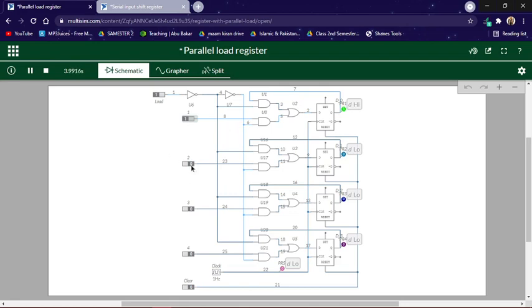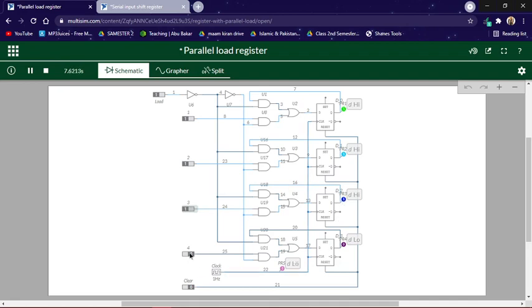Now if the second input is 1, then after a clock rotation, when the clock is low and becomes high, our second output is again 1. If we put the third input as 1, then after the clock goes from low to high, our third output is 1.